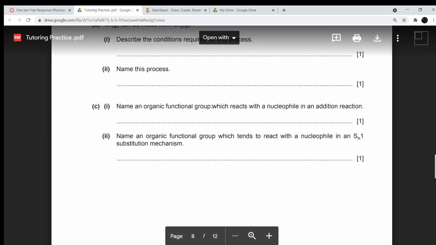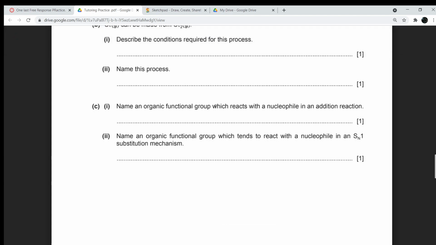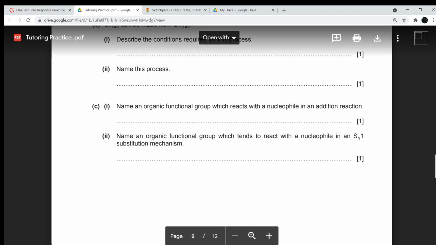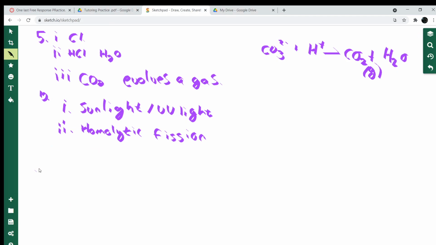So the carbon will have a positive charge, or we'll have a high electron density towards the oxygen. So I'm thinking here that it's going to end up being something with oxygen. In general, when I think of something that's reactive with oxygen, I'm going to say that it's either a ketone or an aldehyde.